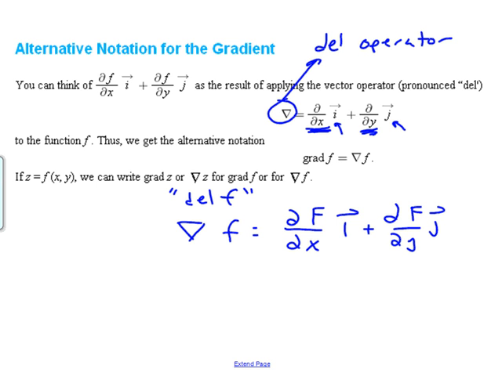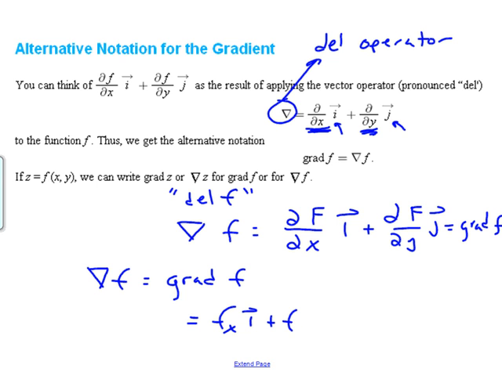And this is exactly our gradient vector, grad f. So there are two different language methods. They're the same thing: del f and grad f both mean the same thing. They both equal this.